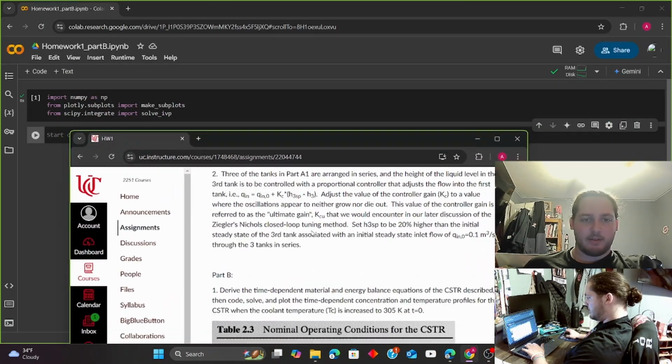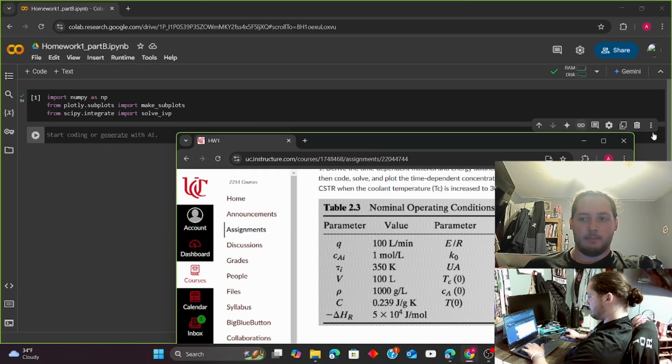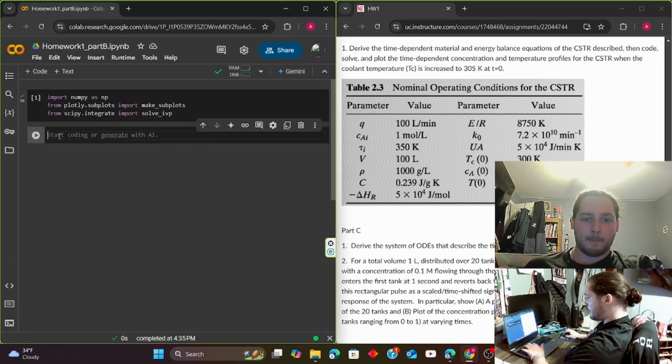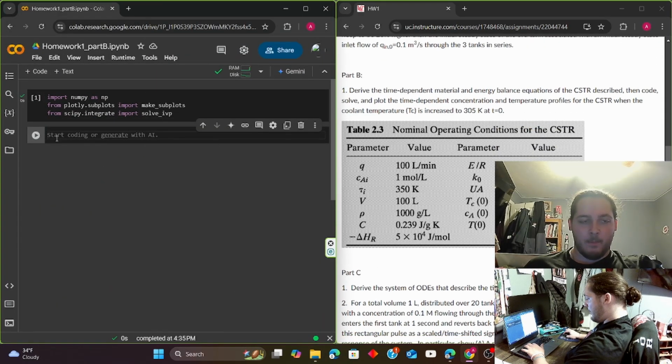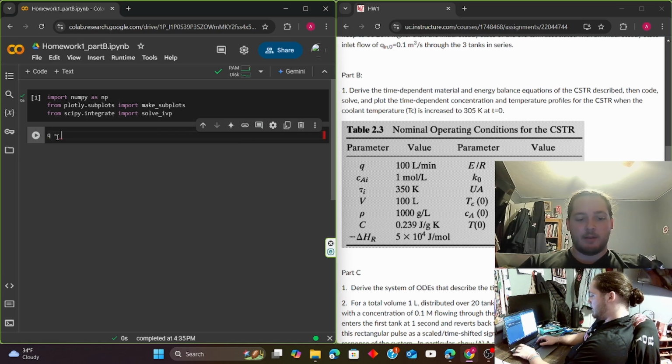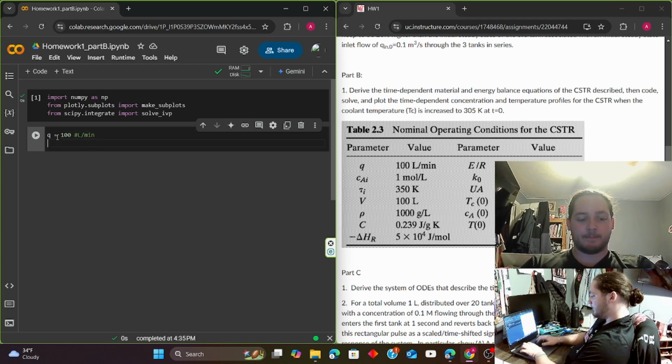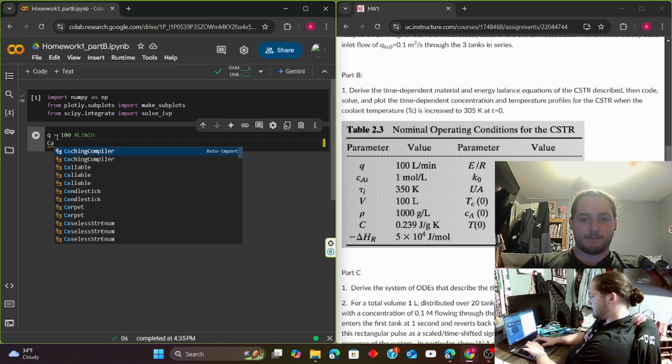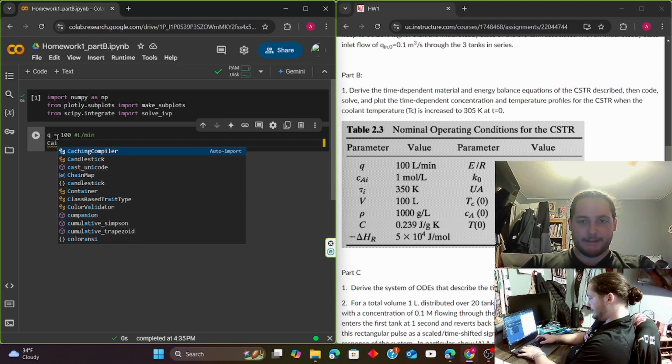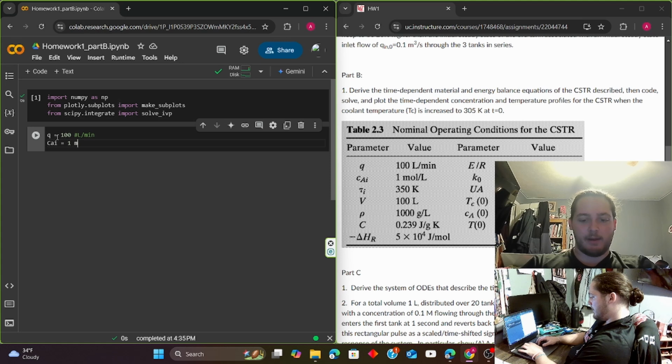All right, with these in, we can go ahead and enter our nominal operating conditions. So we can say Q is equal to 100 liters per minute. C initial concentration is going to be equal to 1 mole per liter.